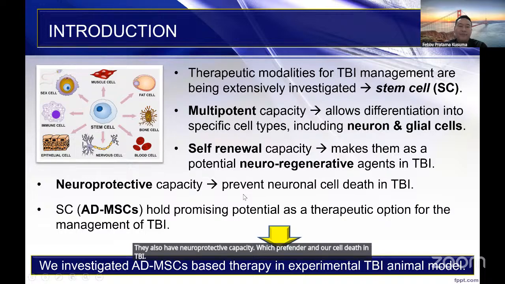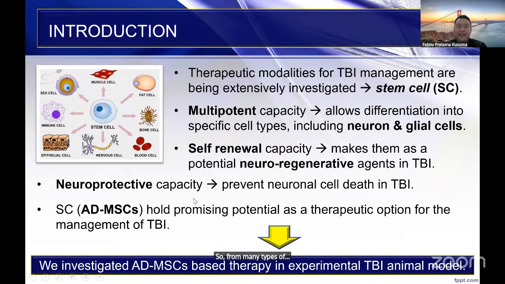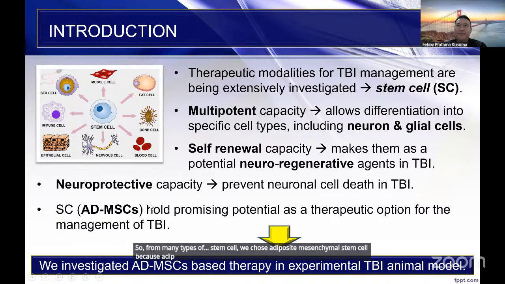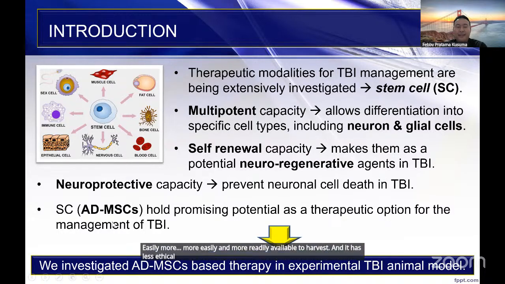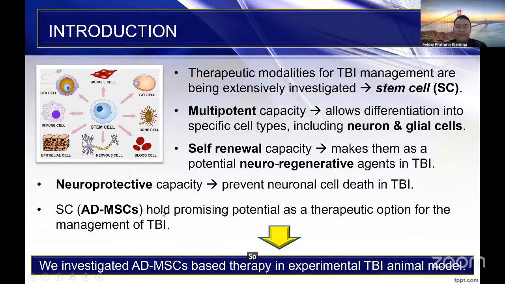From the many types of stem cells, we chose adipocyte mesenchymal stem cells because they are more easily and readily available to harvest, and they have fewer ethical problems. So this holds promising potential as a therapeutic option for the management of TBI.